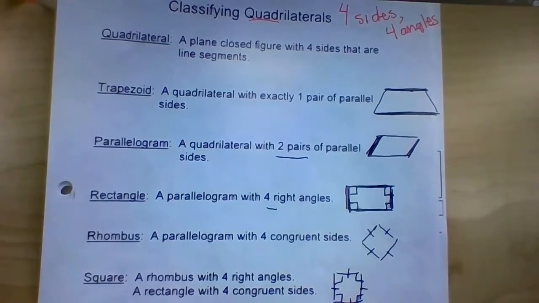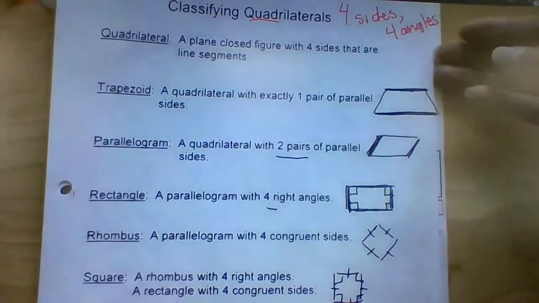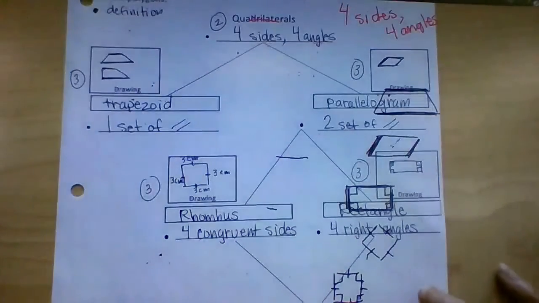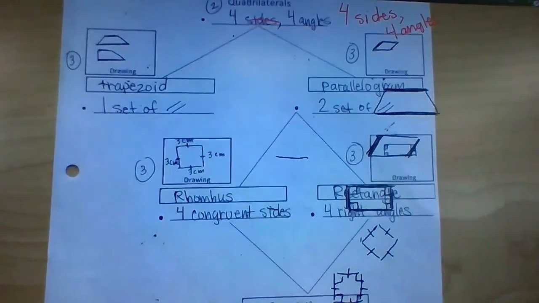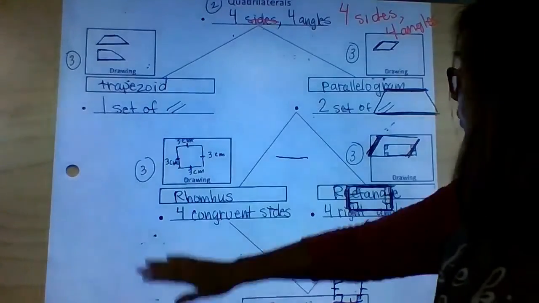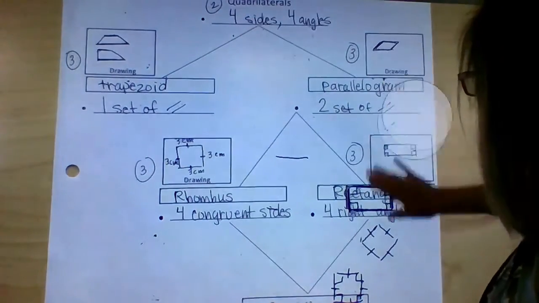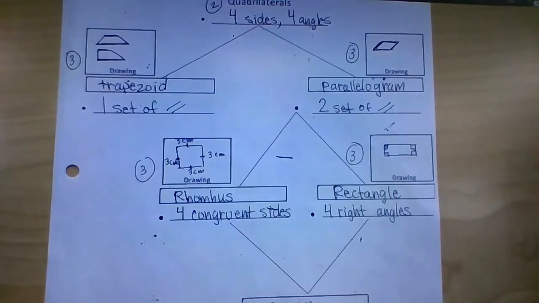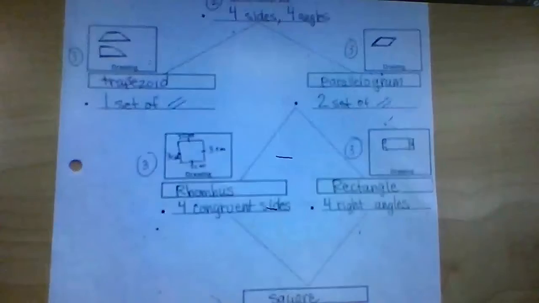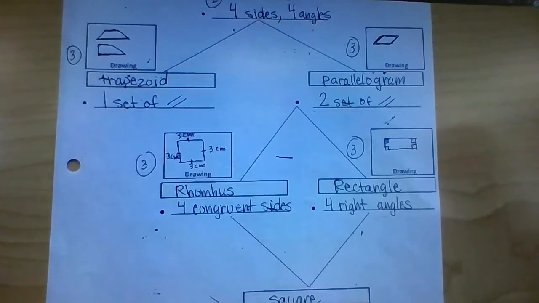Okay, I'm going to change the information on your screen now, and we're going to look at this hierarchy chart. So let me erase what we have here. All right, so this is a hierarchy chart that shows all of the quadrilaterals.